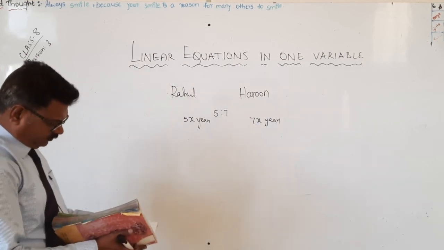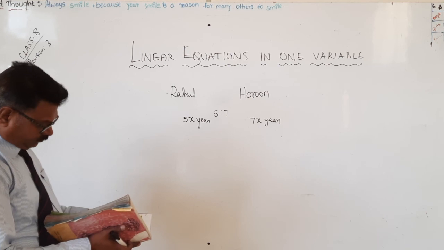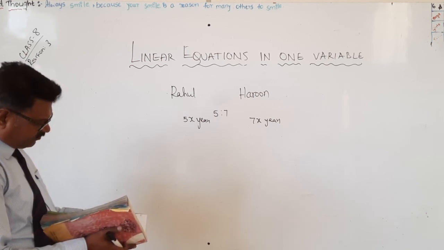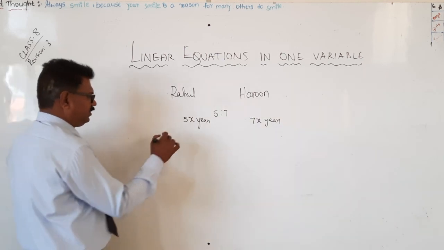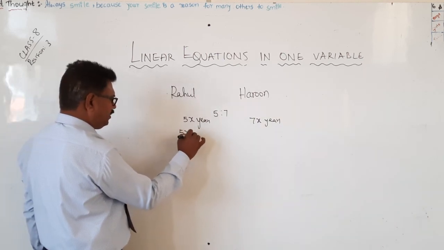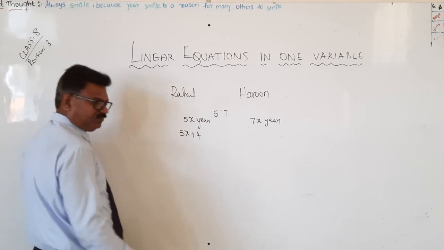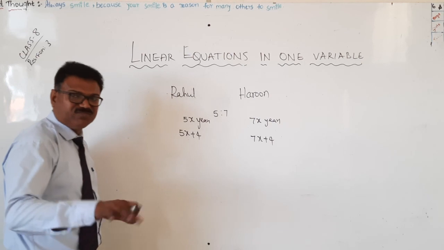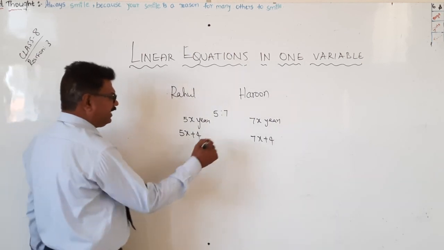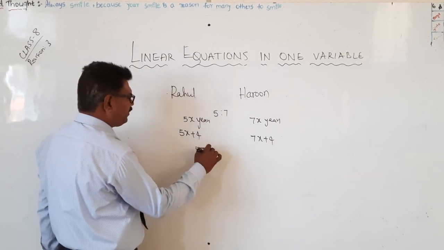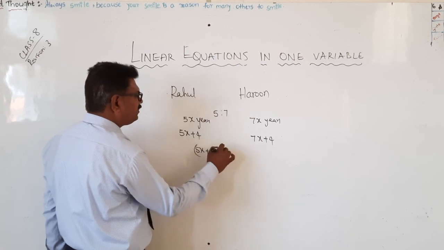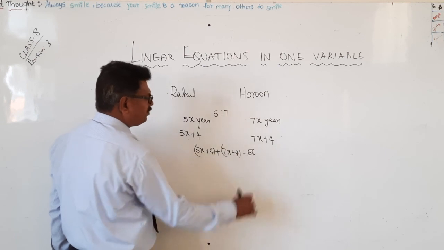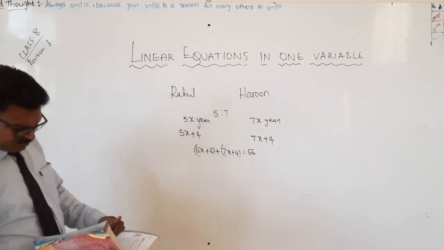Four years later, the sum of their ages will be 56. So 5x is there. Four years later means after 4 years their ages, therefore 5x plus 4 plus 7x plus 4 is equal to 56.